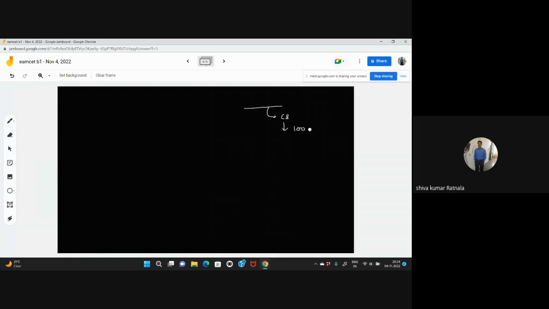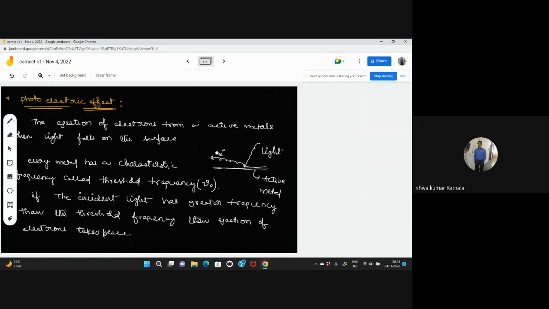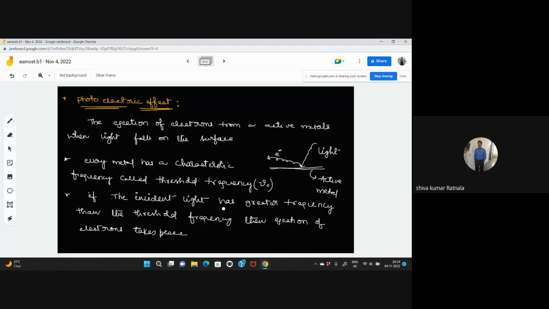Okay, 100 hertz. If the incident frequency is greater than 100 hertz, then electrons can eject, otherwise they cannot. Understood the point I said? If the incident light has greater frequency than the threshold frequency, then ejection of electrons takes place, otherwise not.